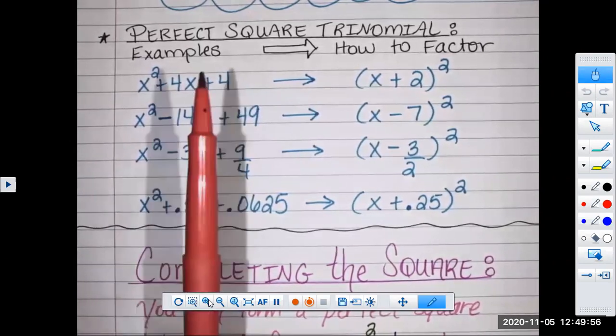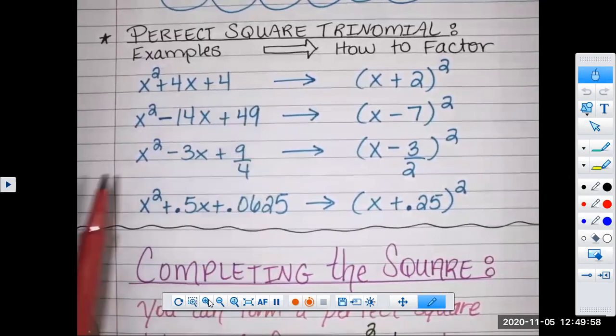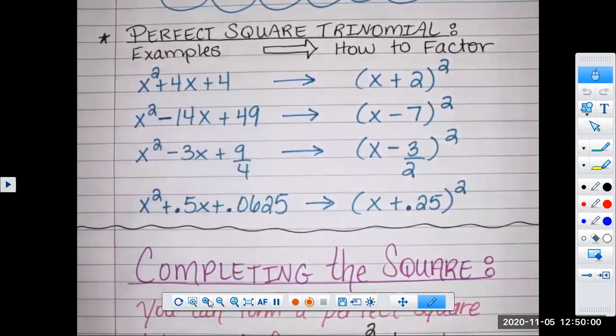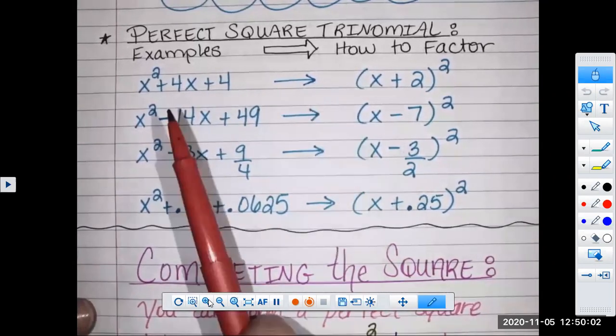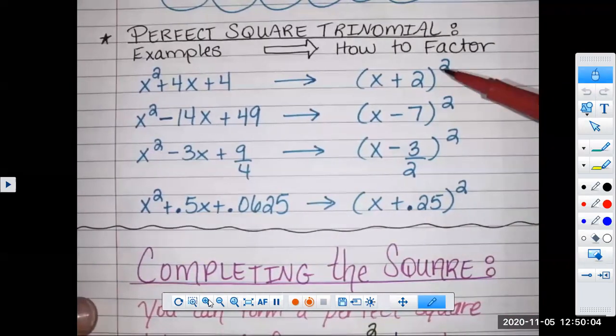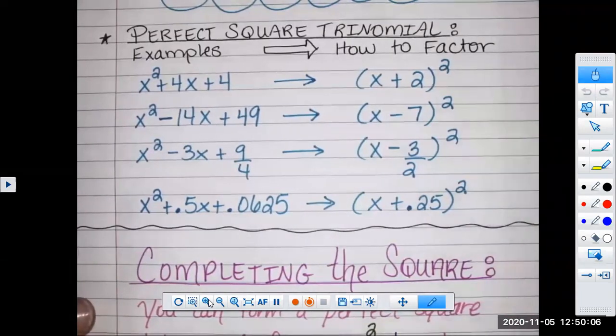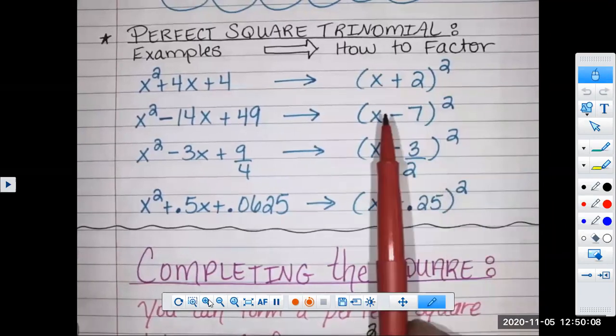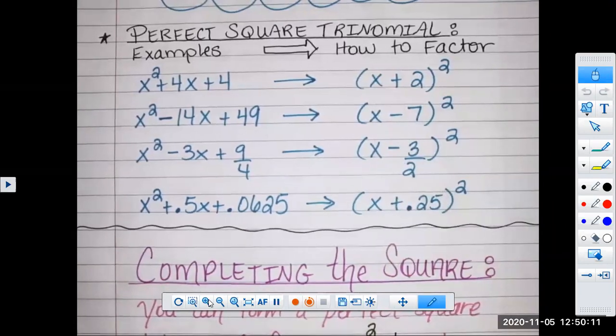So when you figure out the third number in a perfect square trinomial, then you can factor it. This is called a perfect square. What do you think this is called? Perfect square what? How many terms are on the inside? 2. So it's a perfect square binomial.